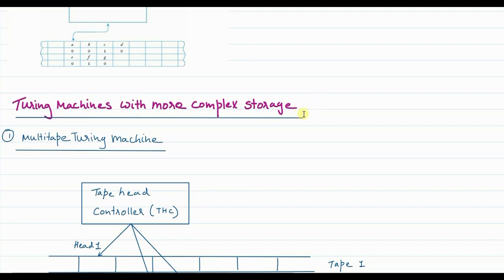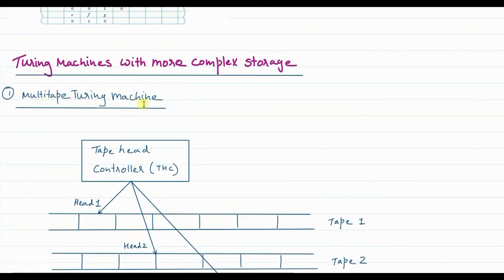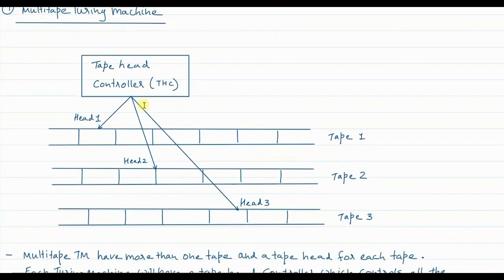The proofs have shown that by making the storage more complex, the power of the single tape Turing machine cannot be increased. It is equivalent. So multi-tape Turing machine is one of the variants, and its power is almost the same as your single tape Turing machine.